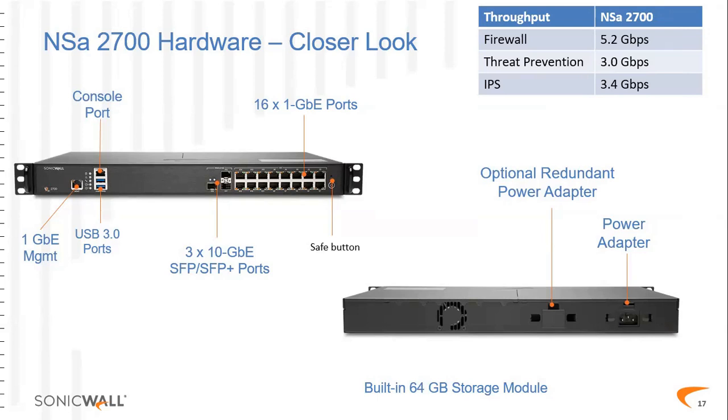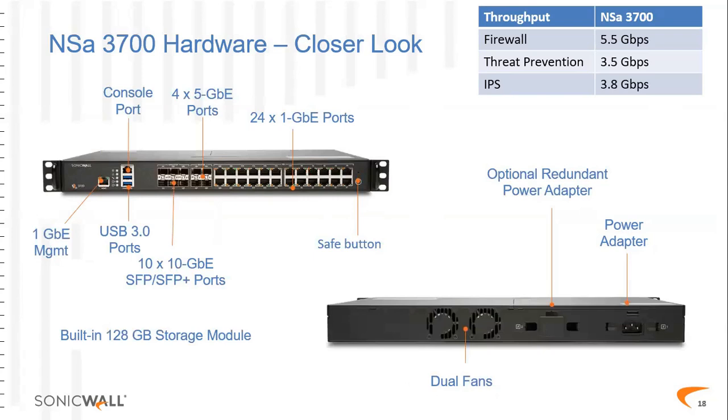They have the optional redundant power adapter, and it has a built-in 64 GB storage module. The firewall throughput is 5.2, the threat protection is 3, and the IPS is 3.4.